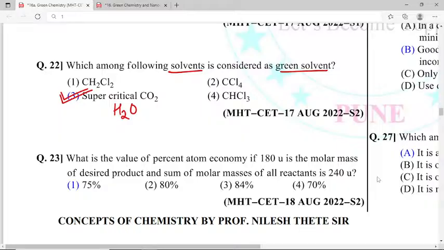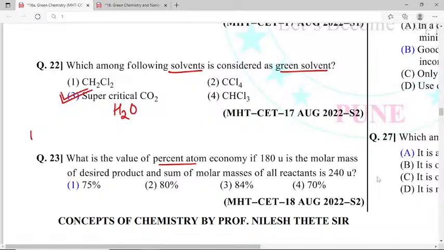Next question, what is the value of percent atom economy? Yes, all questions from 2021 to 2025. What is the value of percent atom economy if 180 gram is the molar mass of desired product?